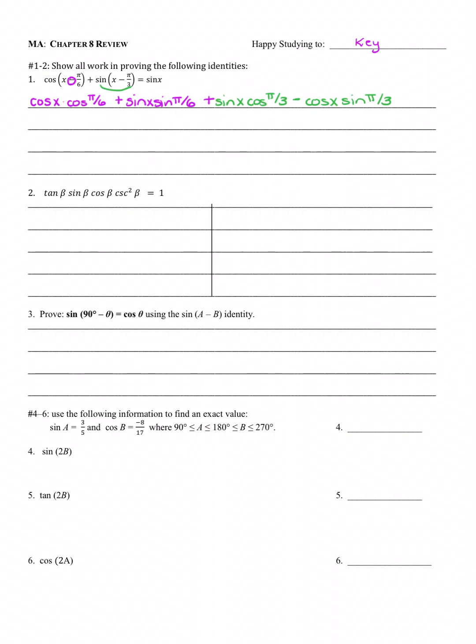So we go through and evaluate. So cosine of pi over 6 is square root of 3 over 2 plus sine x sine pi over 6 is 1/2. And then we have the plus sine x cosine of pi over 3 is 1/2 minus cosine x sine of pi over 3 is rad 3 over 2.